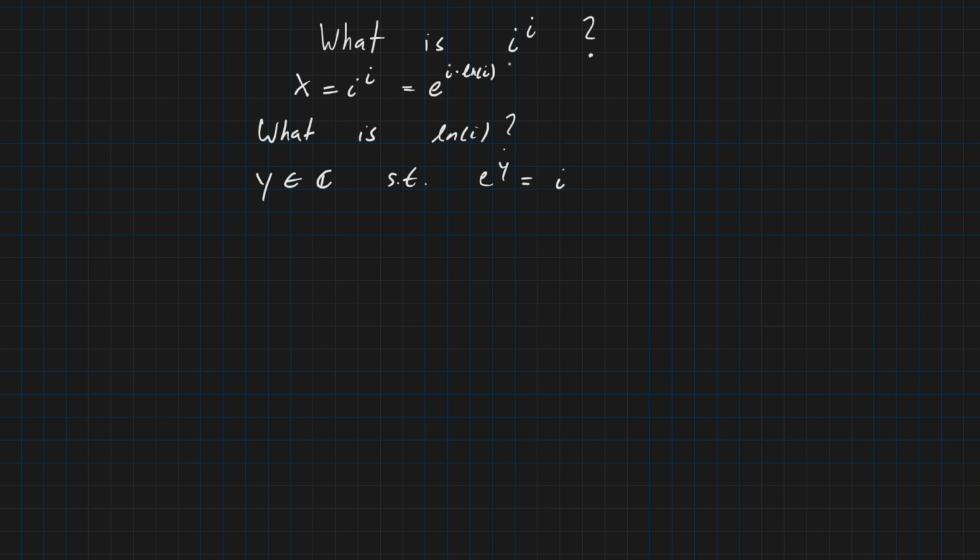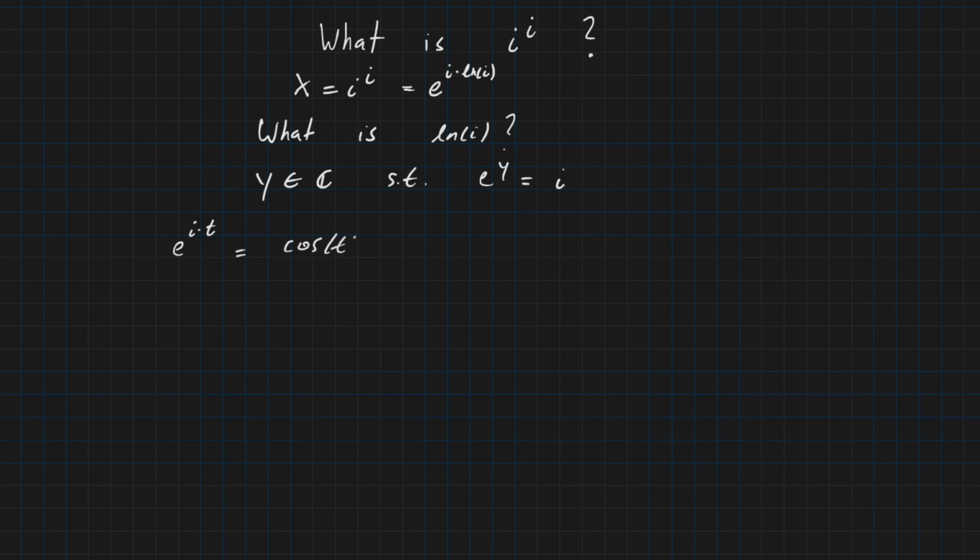As you can see, we reduced the task multiple times to some other tasks, and now we are ending up with: for what values y, where y is a complex number, do we have e to the power of y equals i.